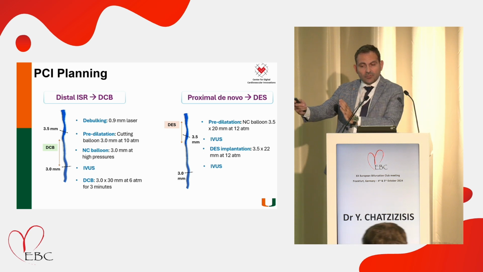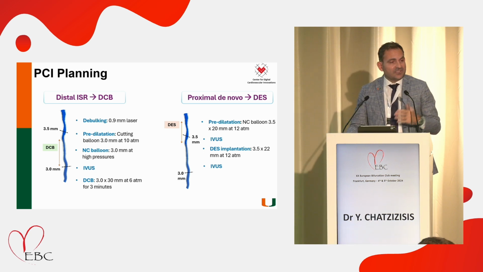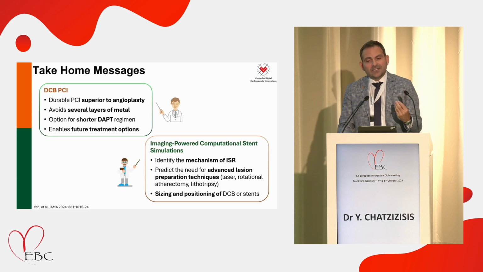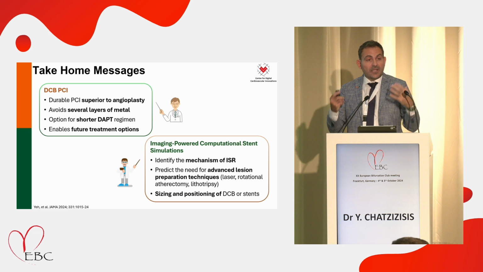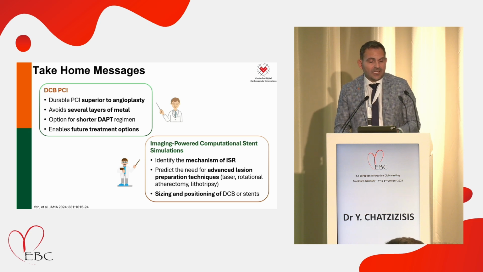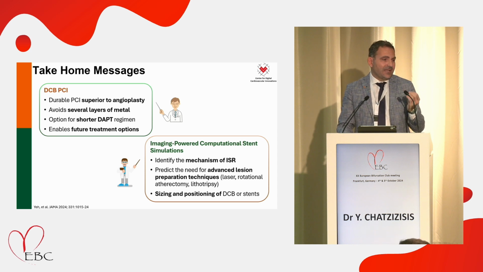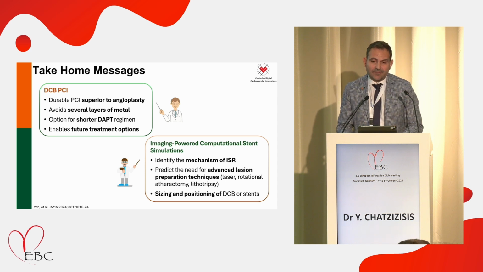Then proximally, we'll go ahead with the de novo stenosis with a DES, with the sizing of the pre-dilatation balloons and the stent. With this approach, we used simulations, informed and powered by imaging, to help us understand the nature of the problem and to size and plan our approach appropriately.